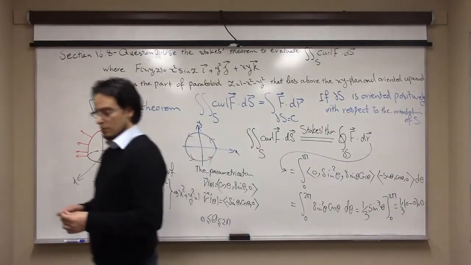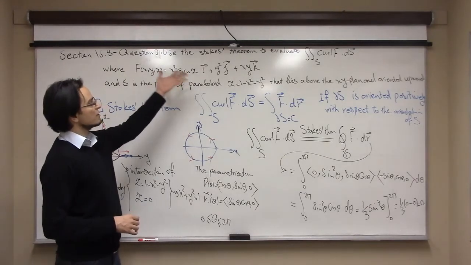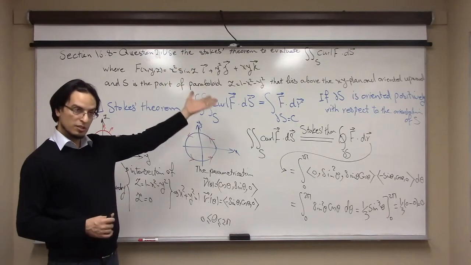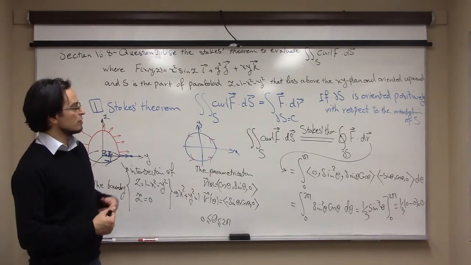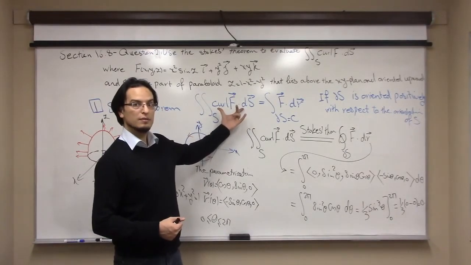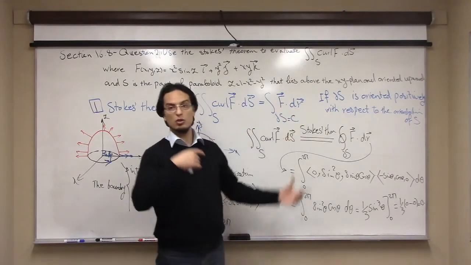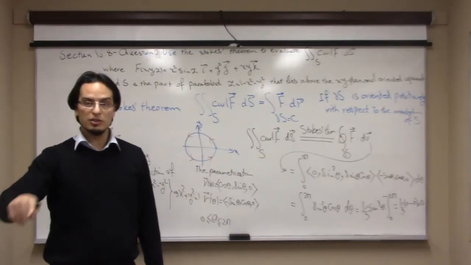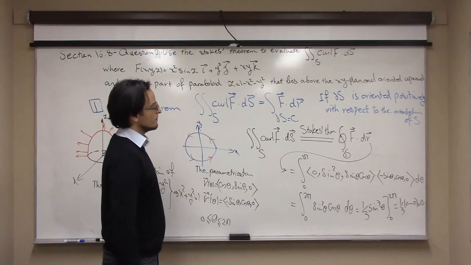Okay? So in summary, the question asks to evaluate this surface integral of curl of F dS using Stokes' theorem. We know that Stokes' theorem says that this surface integral of curl of F dS is equal to the line integral of the vector field along the boundary curve of the surface.